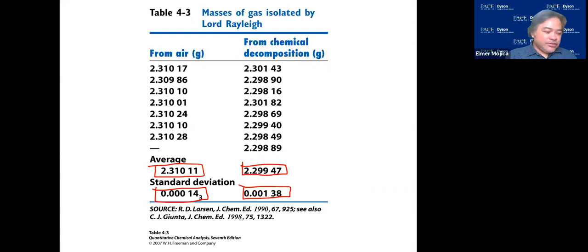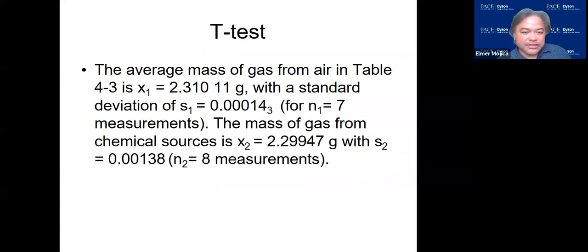So what are we going to do here? The question: the average mass of gas from the air in table 4-3 is x1, mean one, 2.31011 grams with a standard deviation of 0.000143 for n equals 7 measurements. The mass of gas from the chemical sources is x2, 2.2947 grams with s2 of 0.00138, n2 equals 8 measurements.